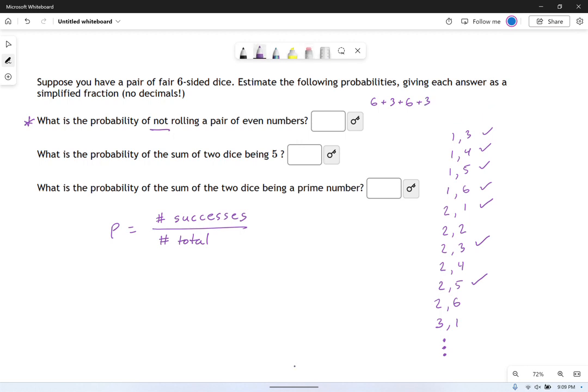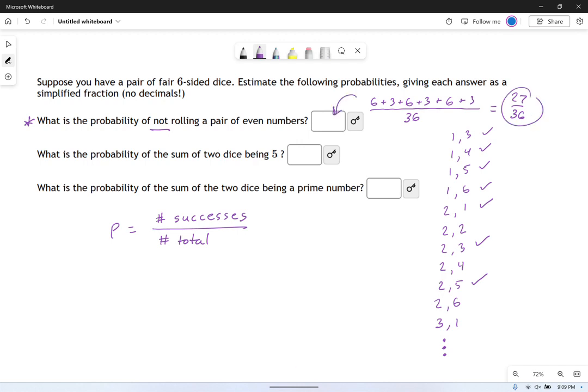So we're going to have 6 chances when I'm in the 5s and 3 chances when I'm in the 6s. And if you count up how many different combos of dice there are, there's a total of 36. So this is the probability of not rolling a pair of even numbers, and that's 27 over 36. Okay, so that would be my answer for this one.